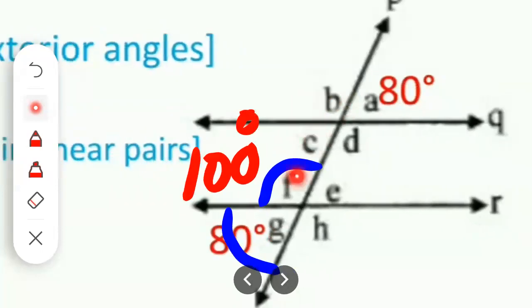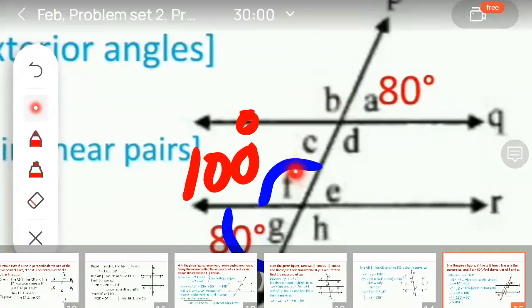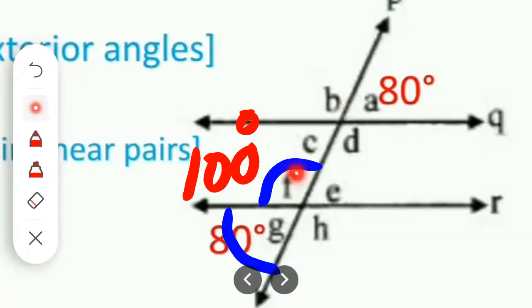C and F, those are interior angles. So if C is 80, together they should measure 180. By that way, F should be 100. Then and only then the total will be 180. Understood? So by that way also you can find it.